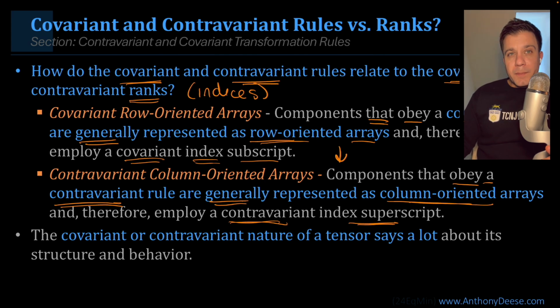Now moving forward, it's only really the primal and the covector or the dual vector that can be described, or its components can be described, purely as covariant or contravariant. The next type of tensor we're going to talk about, which is the linear map, is a combination of contravariant and covariant components.